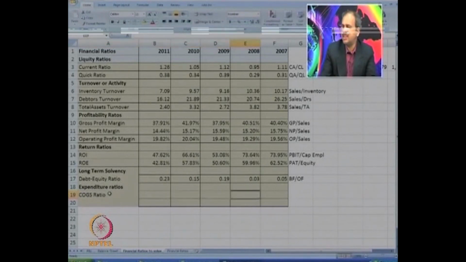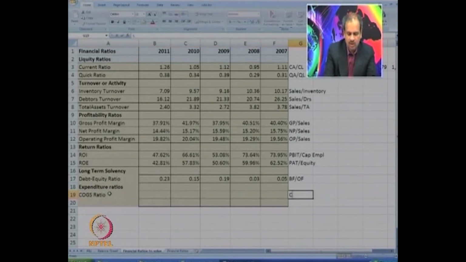As the name suggests, it tries to link the cost of goods sold, or COGS, as a proportion of sales.